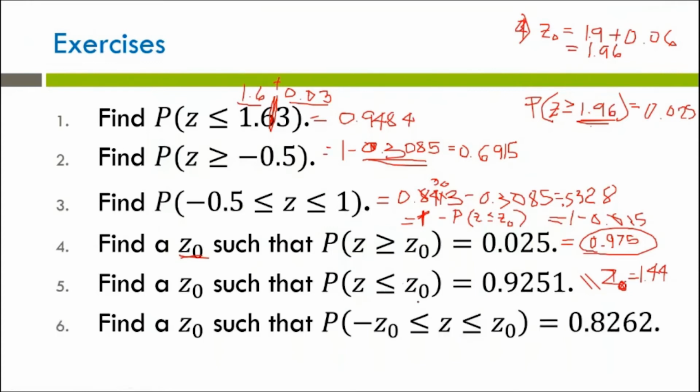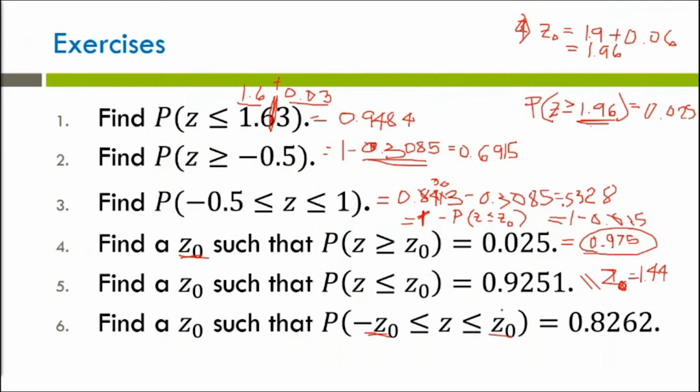How to get the probability of this one? We have to find a negative z sub 0 and a positive z sub 0. So it's quite tricky here. Now we'll have a negative value and a positive value. But what's good here is that if we get the absolute values of these two, they would be just the same, right?